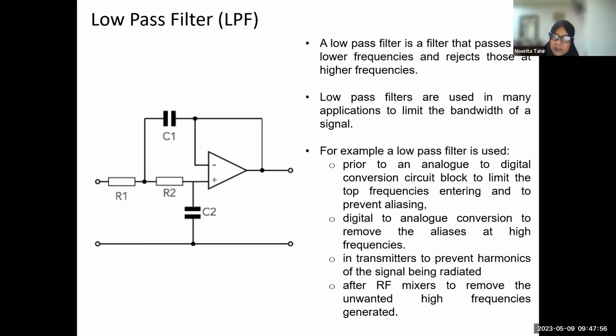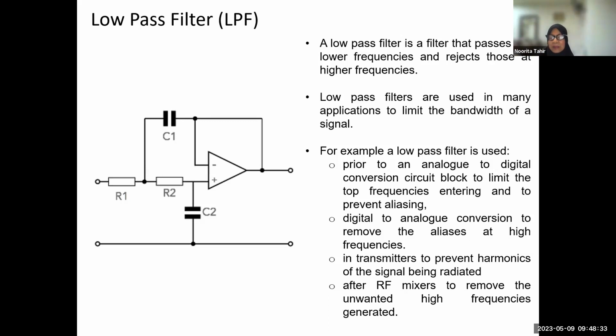It passes the lower frequencies and rejects higher frequencies. In every filter we need to know the cut-off value. Every filter has its cut-off: before the cut-off it will allow, after the cut-off it will not allow.